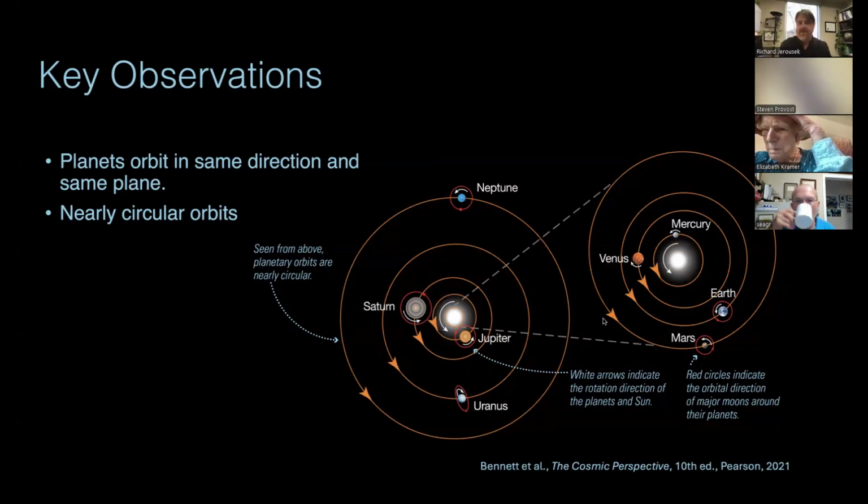That direction happens to be the same direction that the sun is rotating, and it's the direction that most, but not all, of the planets are also rotating. They're also mostly on very nearly circular orbits.